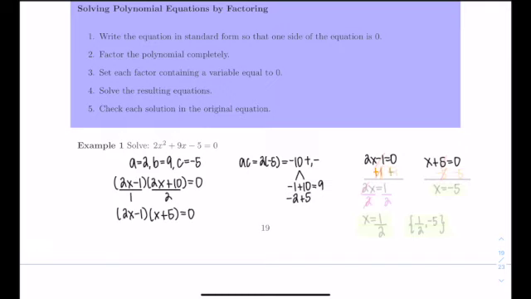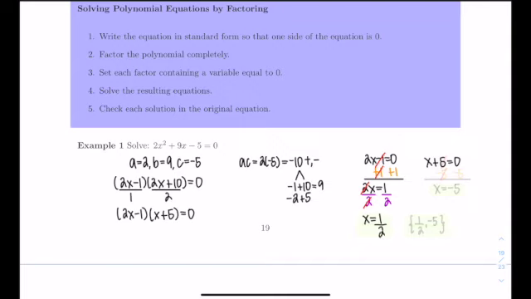So in this first one, I'm going to add 1 to both sides so that they cancel on the left, and we get 2x equals 1. And we can divide both sides by 2. So we get x equals 1/2. That's one of our solutions.